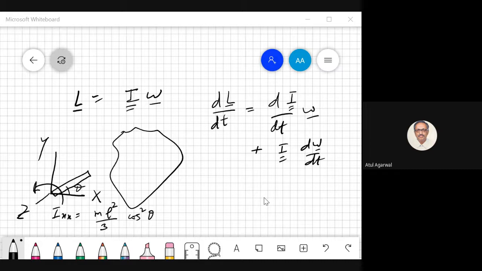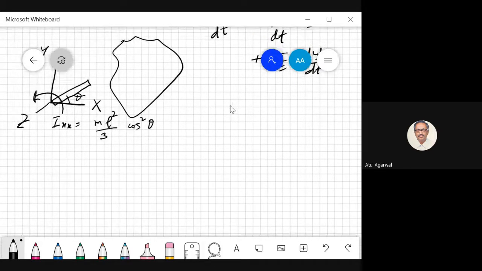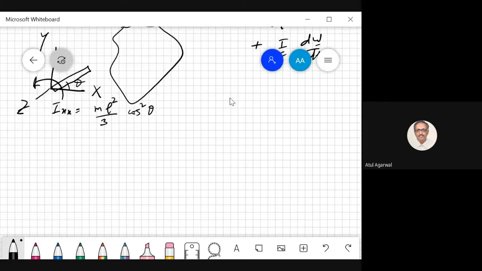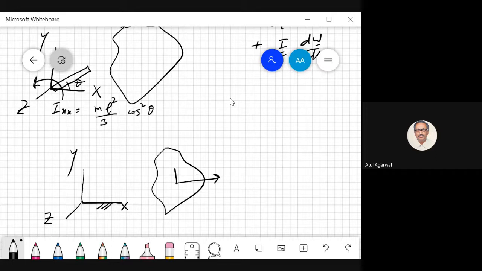How can it become a constant? Anybody? Now what do we do? We have a rigid body. We have a fixed coordinate system, and we take an embedded coordinate system. As the rigid body rotates, this embedded coordinate system is rotating with it.